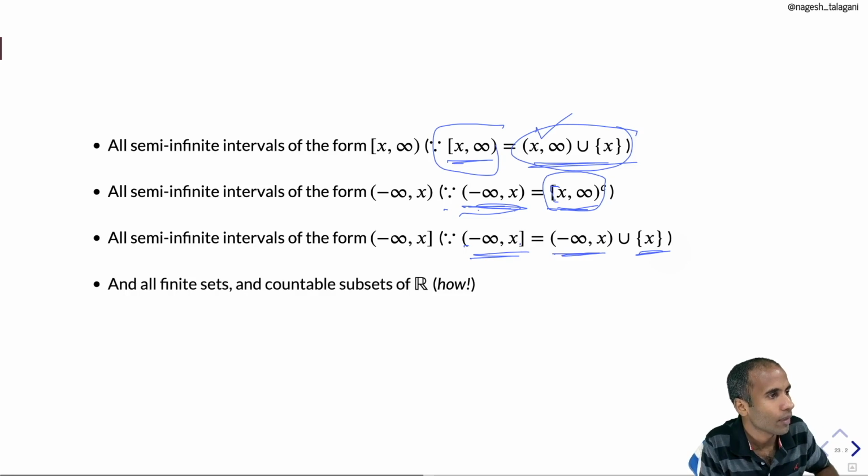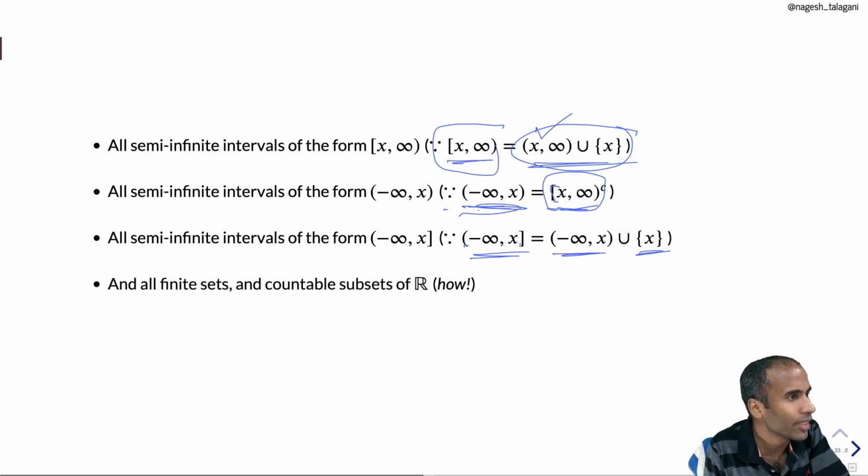Fine. And all finite sets and countable subsets of R are also going to be Borel sets, because any finite set can be seen as a finite union of singletons. That's why all finite sets are Borel sets. Any countable set can be seen as a countable union of singletons. That's why any countable subset of R is again a Borel set.